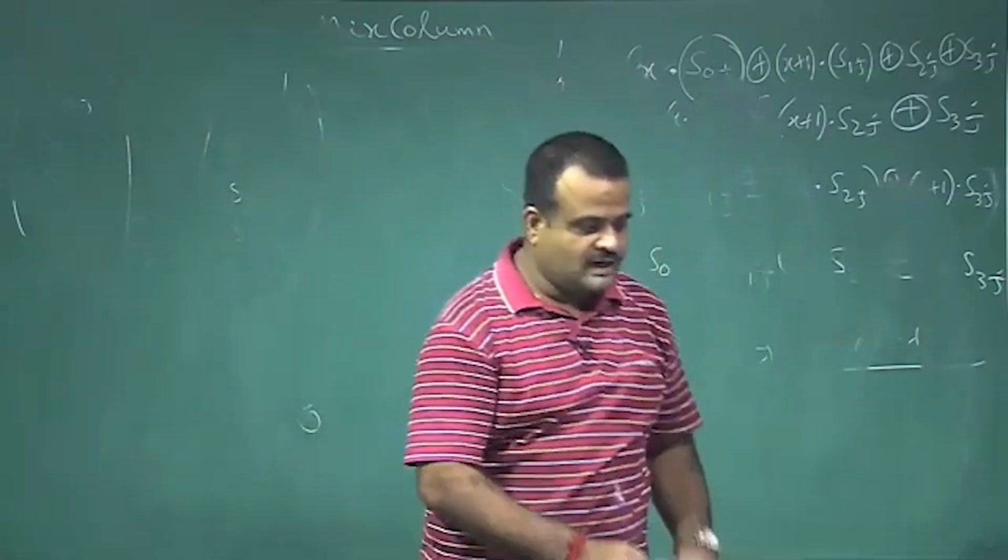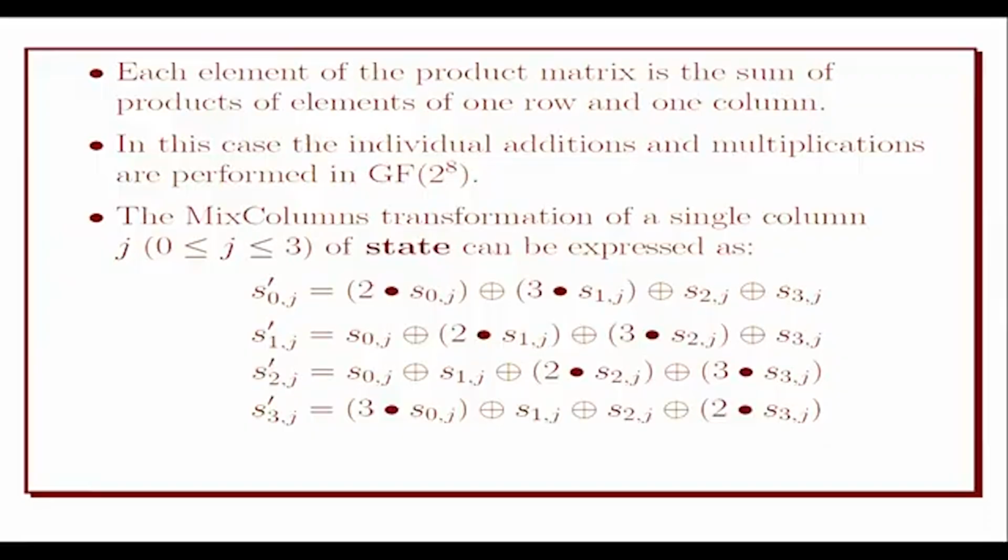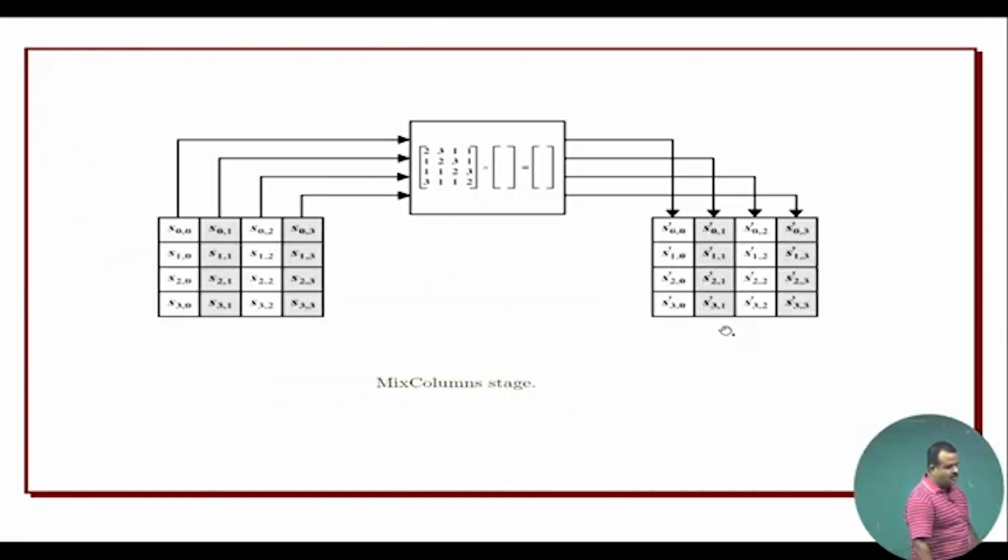Can you please go to the slide, please? So this is basically the mixed column operation we are doing. If we look at this matrix form, we are taking a particular column and applying the mixed column transformation, replacing it with the new column.